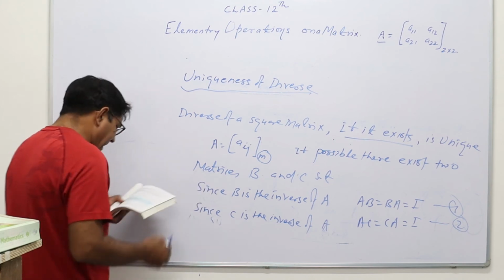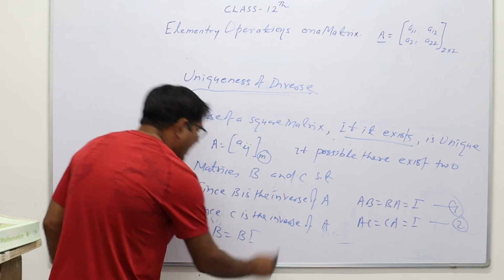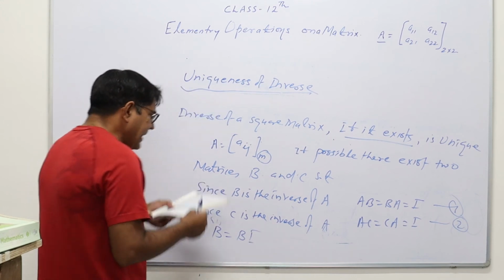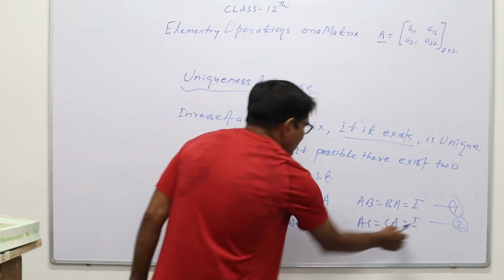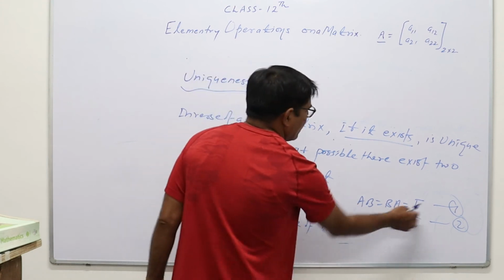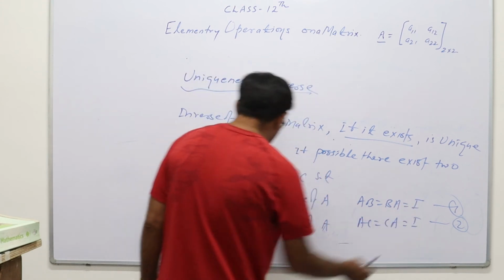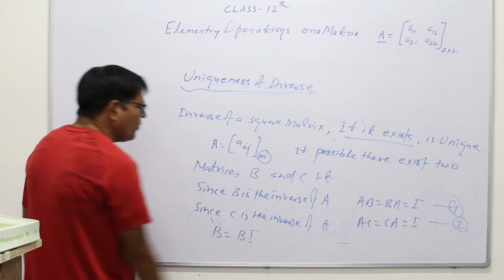This implies that by the first and second, B can be written as B into the identity matrix, and this identity can be replaced by I equals AC, or I equals AB, or I equals BA, or I equals CA. So B can be written as B into identity.